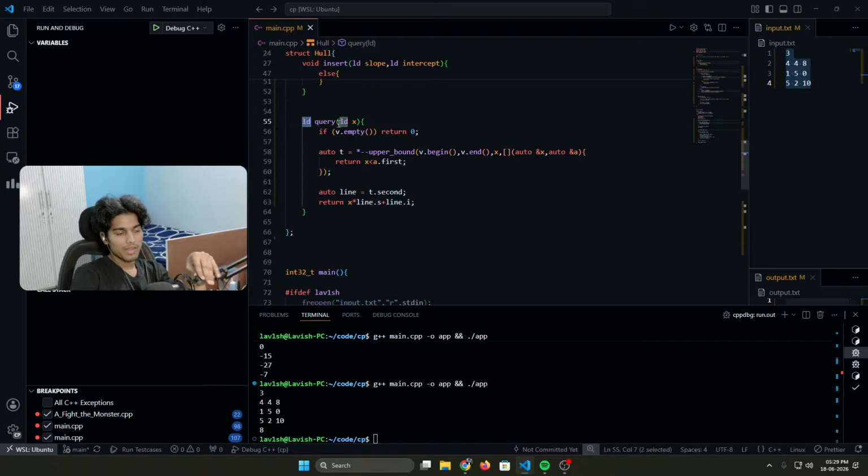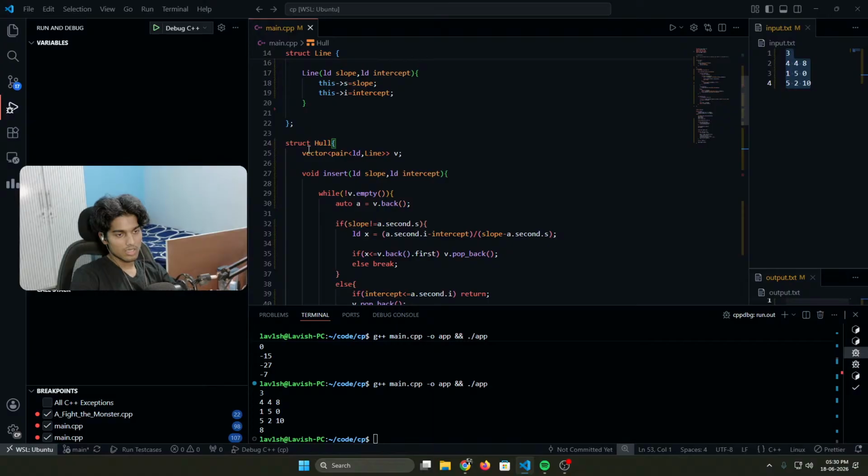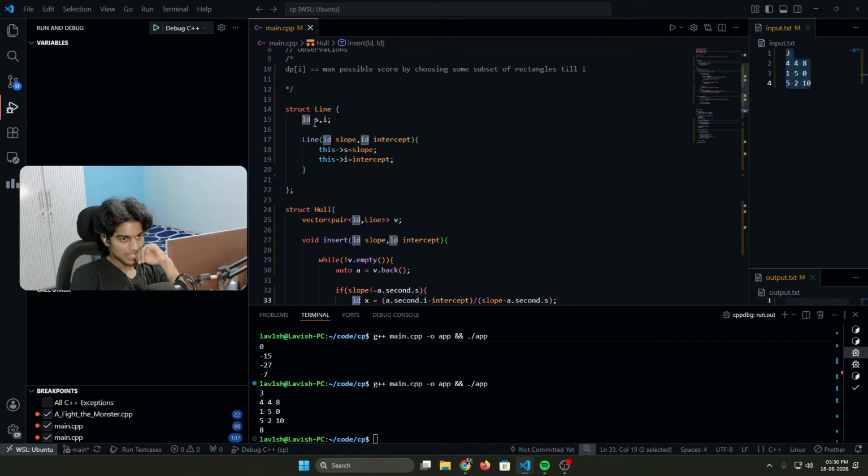I think I should start playing with the integers. LDs, like, right? We can sum this up -1. This stuff should be integer.